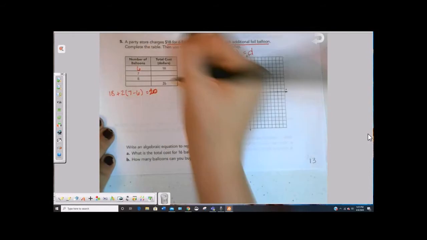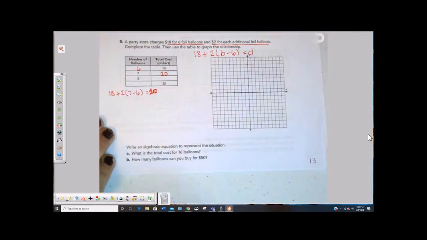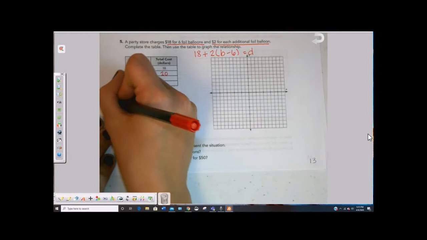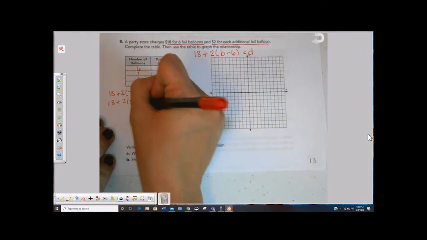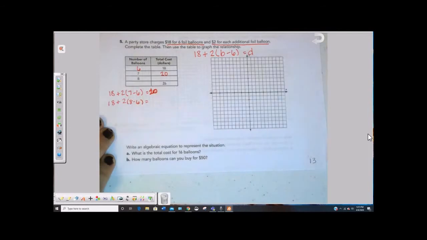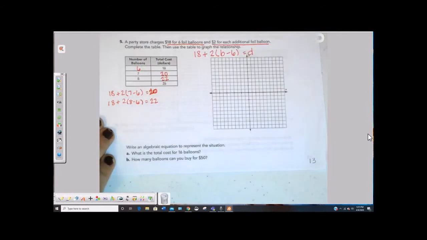It's 20. First mistake. It is 20. So it's $20 for 7 balloons. Excuse me. Okay. Next, you're going to take 8 minus 6 this time. When you do this, it is $22. So it is $22 for 8 balloons.